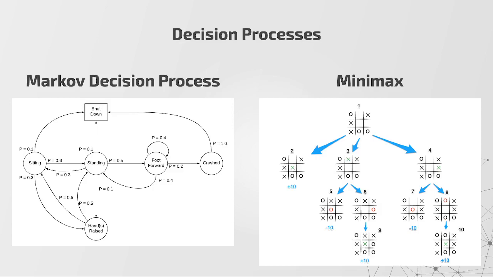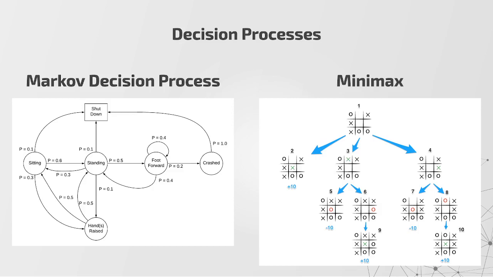So here we're talking about Markov decision processes. These are based on what's called a Markov chain. If you look at this example, you see these different nodes, and I think this is modeling a robot and its actions. It starts at a standing state, and then the edges connecting the nodes represent probabilities of transitioning from one state to another.